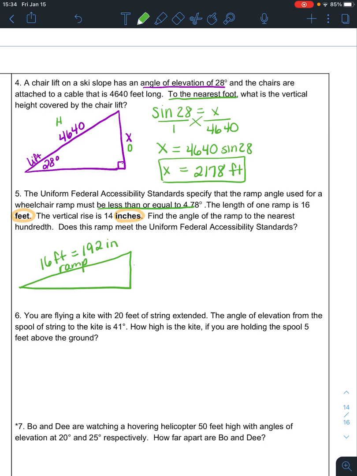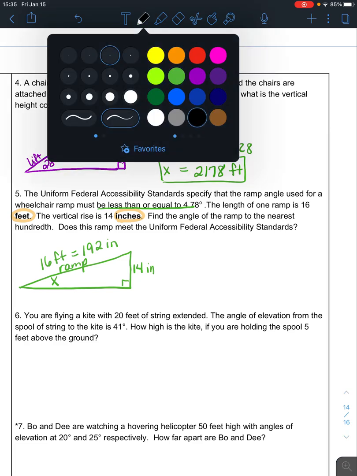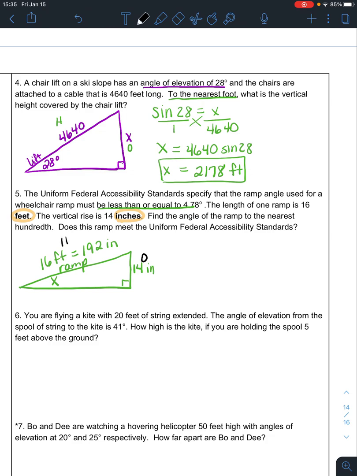So 192 inches. The vertical rise is 14 inches. So I put that on my vertical. And the question is, what is the angle? So there's the angle of the ramp with the ground. So we have our opposite over our hypotenuse. So that's sine.